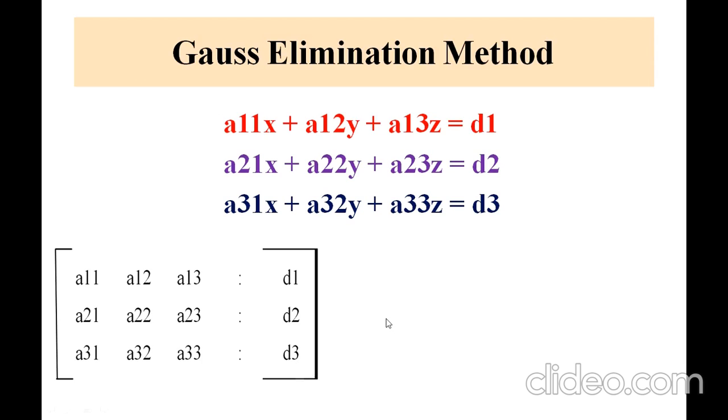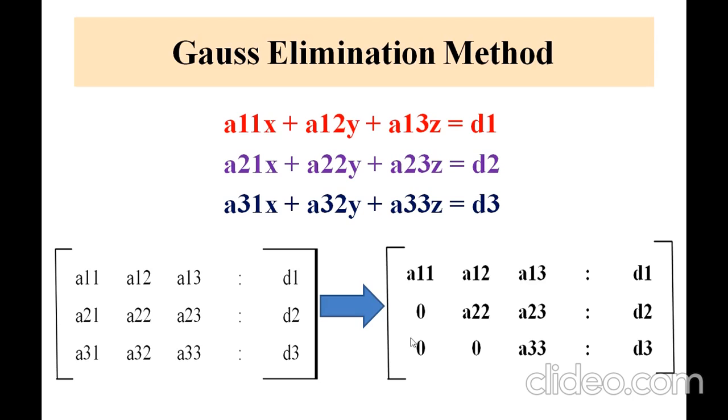Now, in the case of Gauss elimination, our task is the forward elimination, to convert this matrix into this format, where we convert the A matrix into upper triangular form, so that the elements A21, A31 and A32 will be 0.